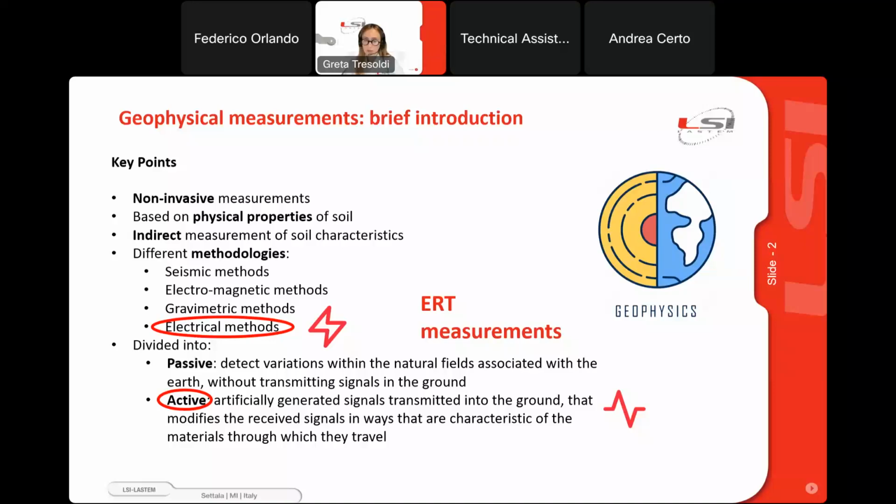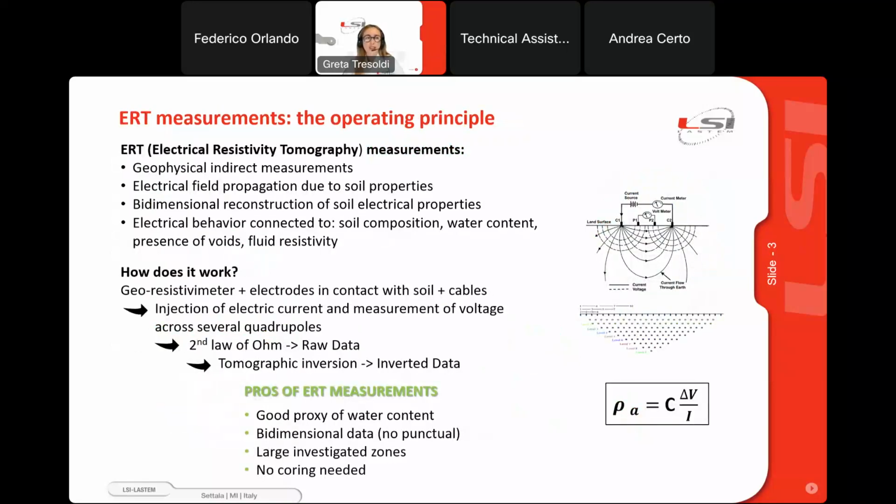So focusing on this method, electrical resistivity tomography, as previously said, is indirect, a geophysical measurement based on the propagation of the electrical field due to soil properties. The electrical field is modified thanks to the different properties of the monitoring area.